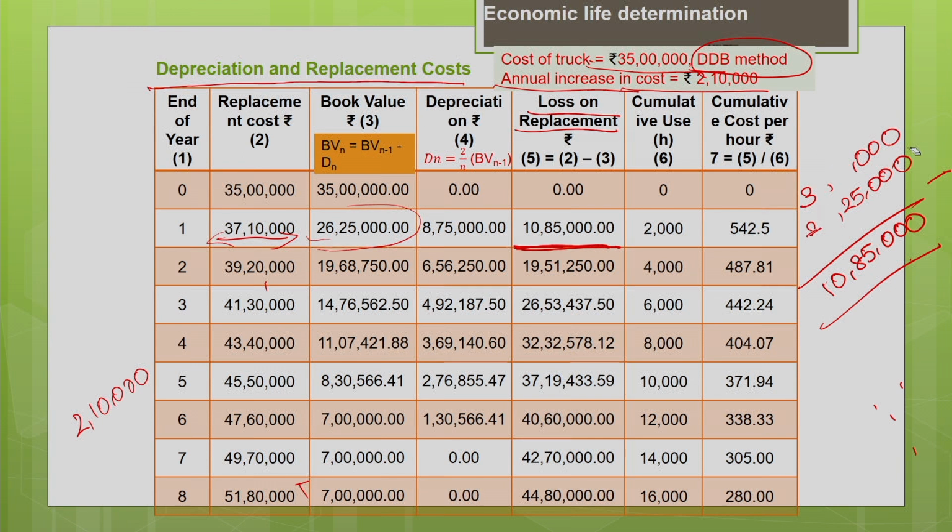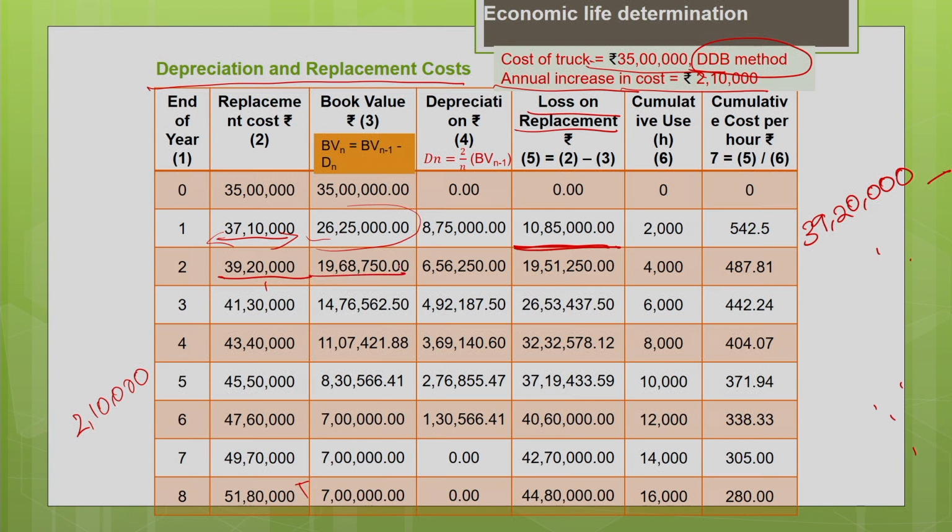Similarly, if I replace a machine at the end of the second year, you can see the machine has increased in cost to 39 lakh 20,000 due to inflation, but the book value has gone down to 19 lakh 68,750. This is your inflow actually. So the actual loss for the replacement at the end of the second year will be 19,51,250.